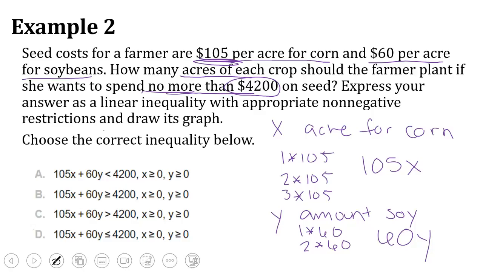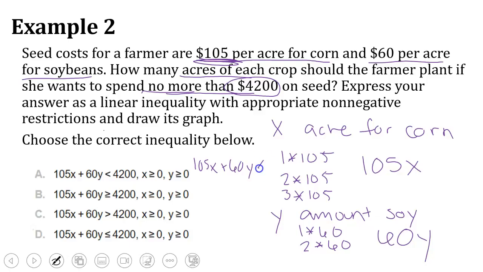So now let's formulate it into a linear equation. So if I have $105 per acre corn plus my 60Y, and it tells us no more than 4,200.